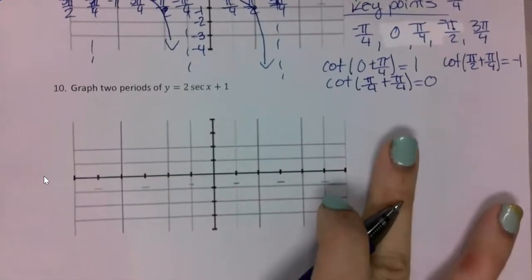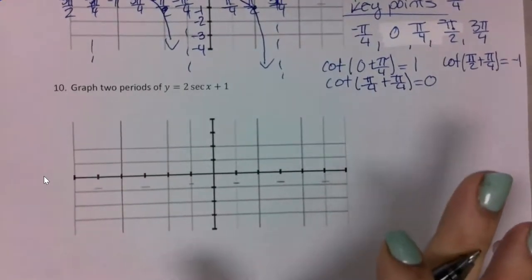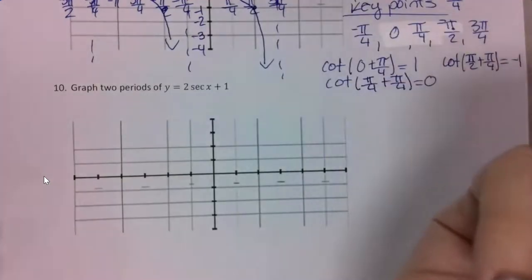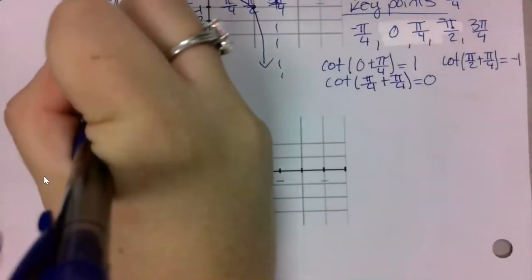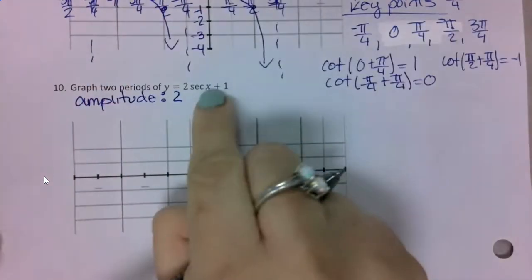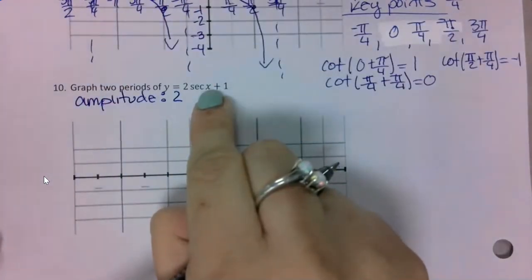Number 10 is asking me to graph 2 full periods of y equals 2 secant x plus 1. I have an amplitude of 2. I don't have a phase shift because there's nothing with this x, but I do have a vertical shift of 1.